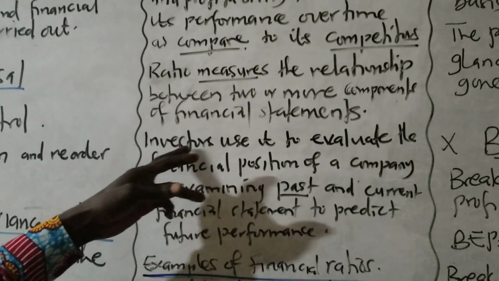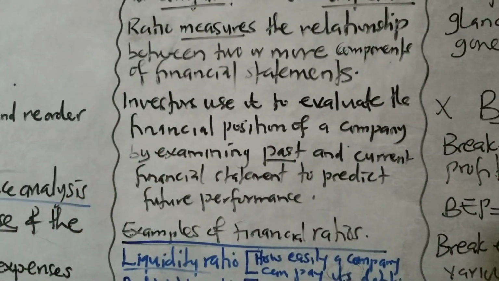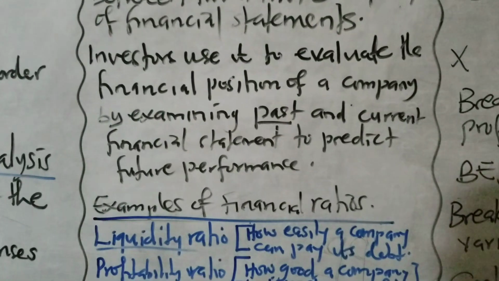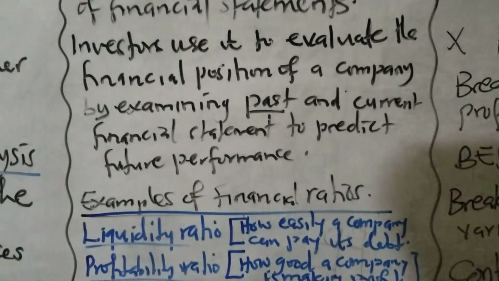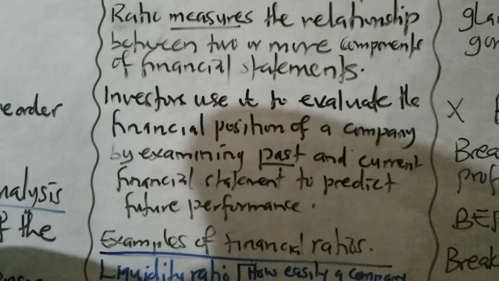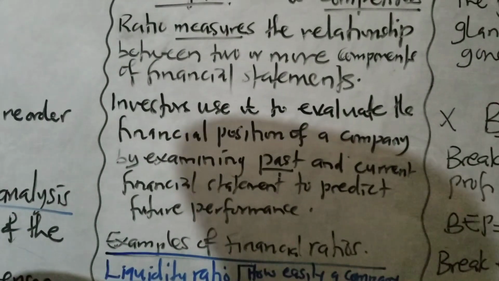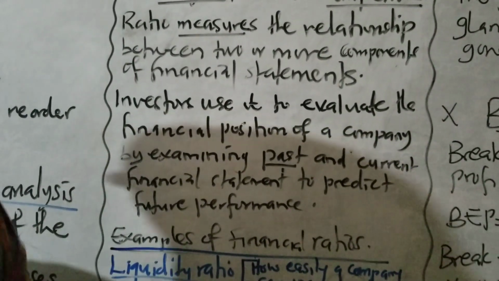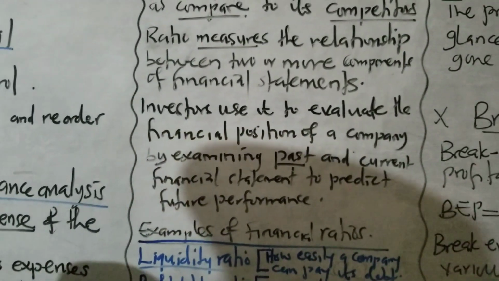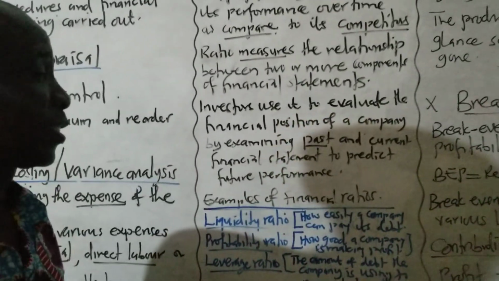I said investors use it to evaluate the financial position of a company by examining past and current financial statements to predict future performance. So they will look at your past financial statements. Then they will look at your current financial statement. When they look at the two, then they will be able to predict your future performance. And they will now decide whether to invest in your company or not.